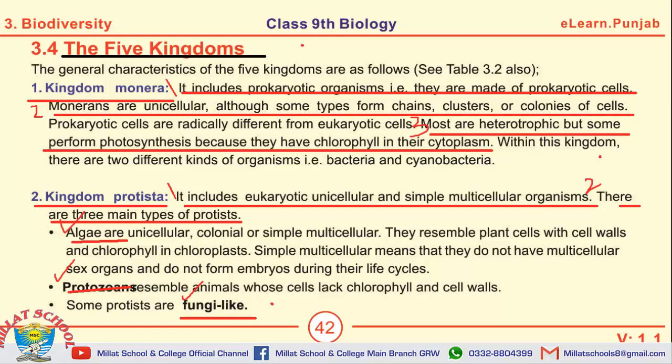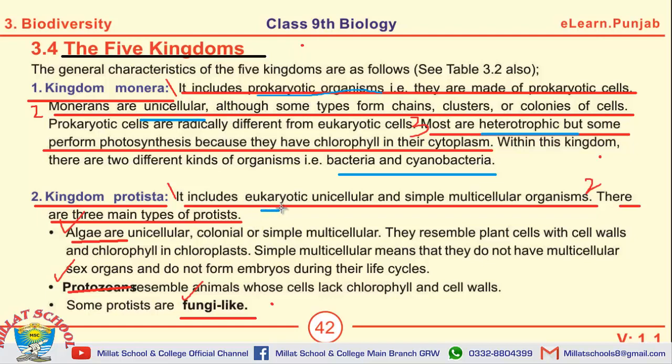The MCQs which can be asked, those are, the first one is about kingdom Monera. It includes prokaryotic organisms. The second one, Moneras are unicellular. Moneras are heterotrophic. Bacteria and cyanobacteria are included in kingdom Monera.